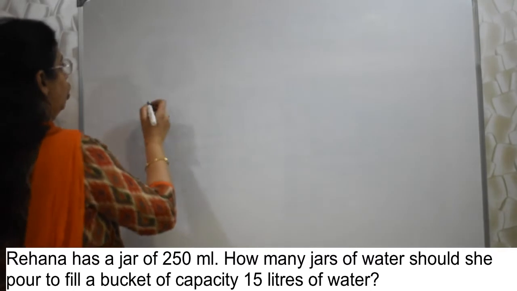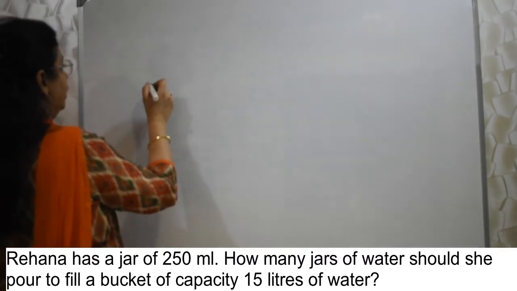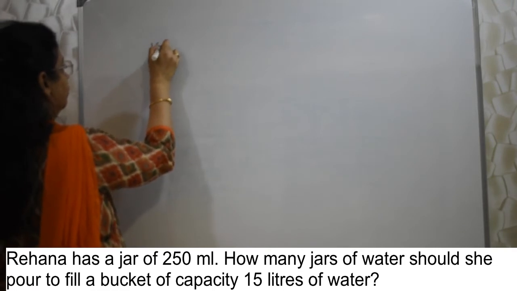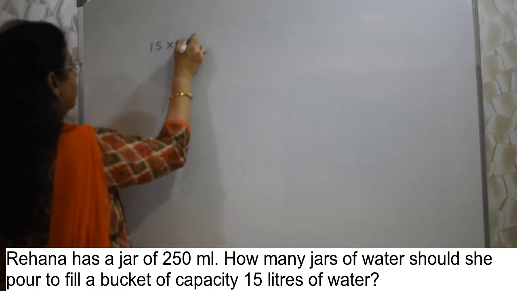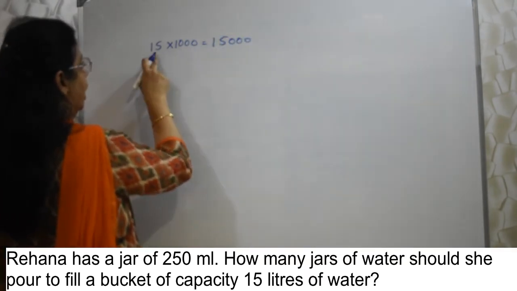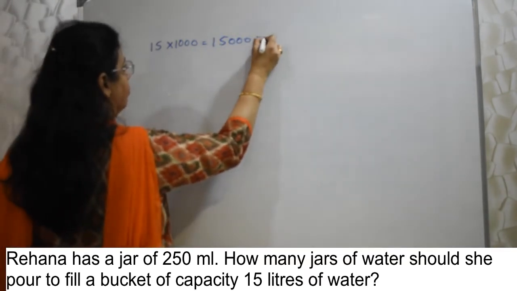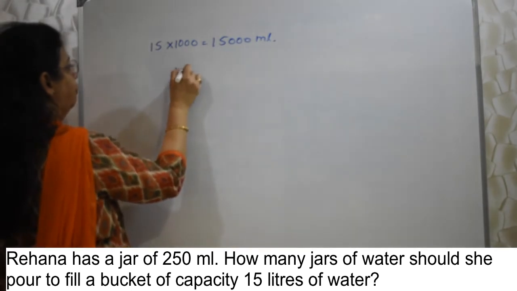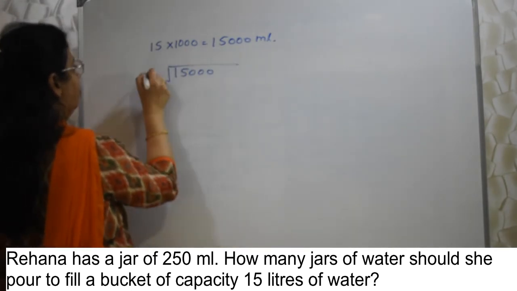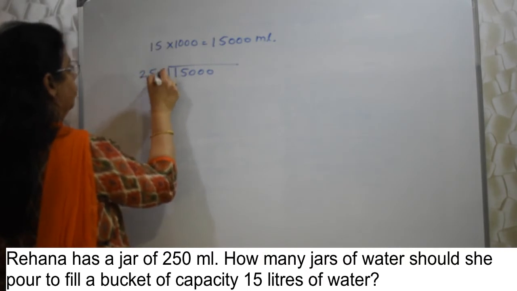So your first job is to convert 15 liters into ml, that is 15 into 1000, that is 15,000. Now this liter has become ml. Now this 15,000 ml we will have to divide by 250 ml.